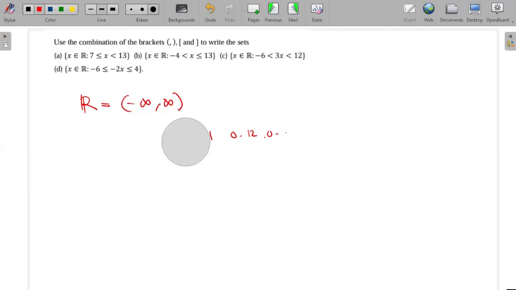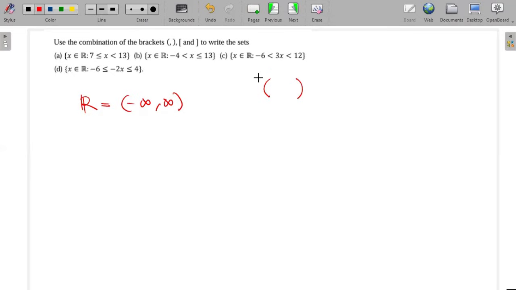Unlike in the first case, maybe in your secondary school, where you're mostly listing the elements that are in that set, now, because we cannot list every element in that set, we represent it by an interval. In this interval, we have the open brackets like this.